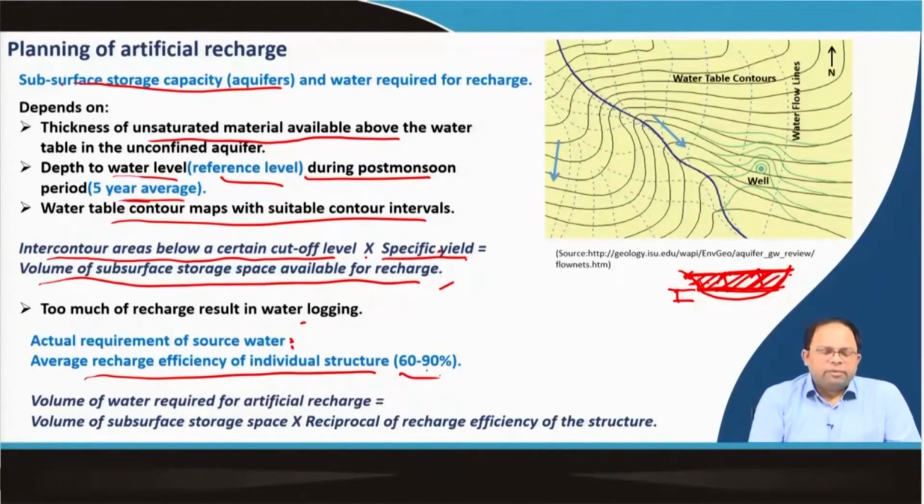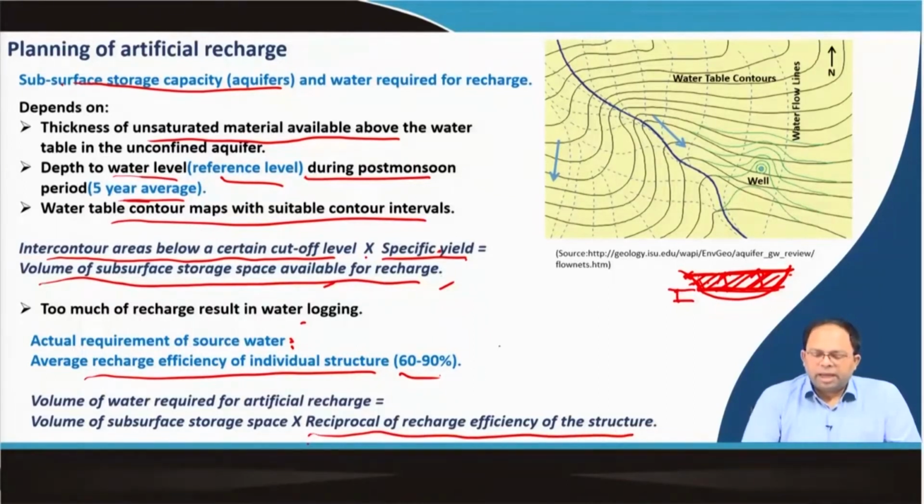So, we need to fill in this volume of subsurface storage space. This is one. Second, to fill that we have to put in water, but there is an efficiency of that particular recharge structure. So, we have to put in more water than is required. So, the volume of water required for artificial recharge is equal to the volume of subsurface storage space multiplied by the reciprocal of the recharge efficiency of the structure.